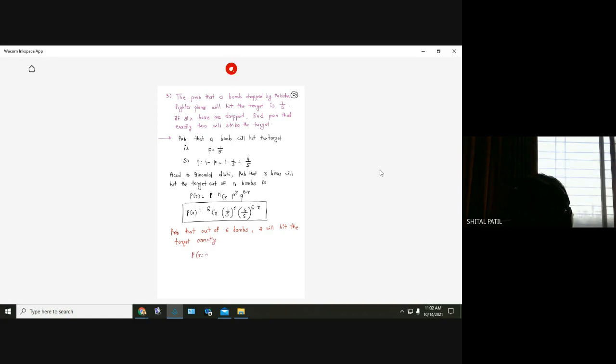R equal to 2. 6C2, 1 upon 5 raised to 2, 4 by 5 raised to 4. Yes. What is the answer? Anyone? What is the answer of this?